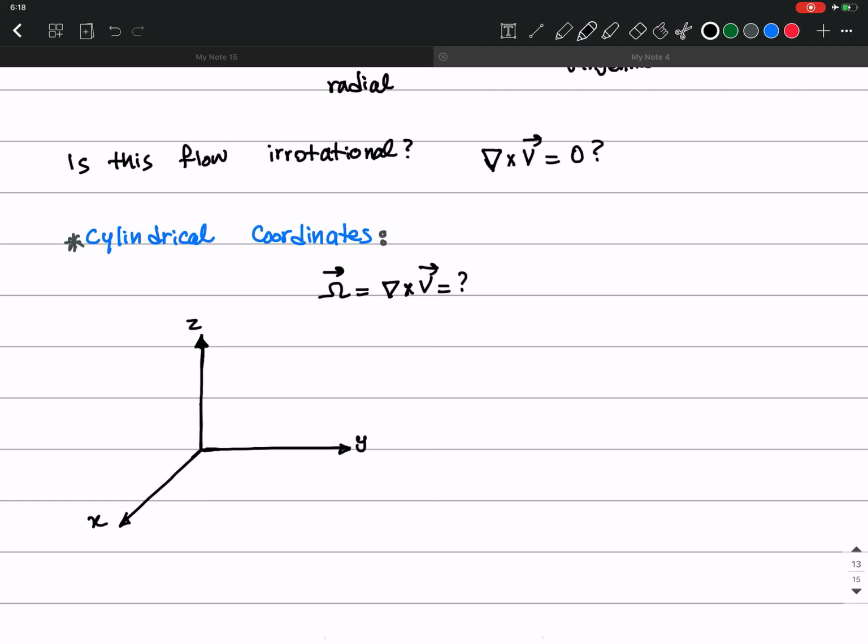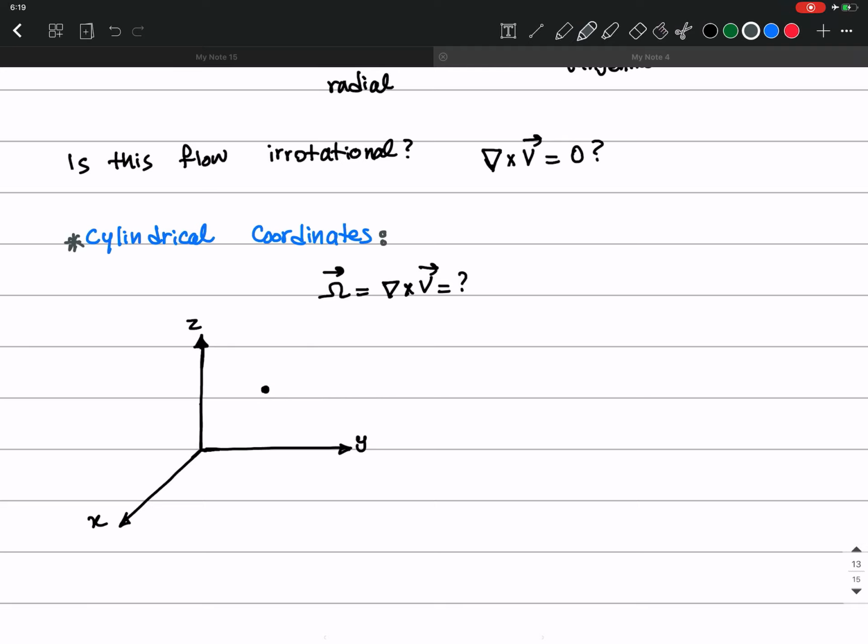Say I have a point, and I want to represent this point in cylindrical coordinates, not in Cartesian coordinates.